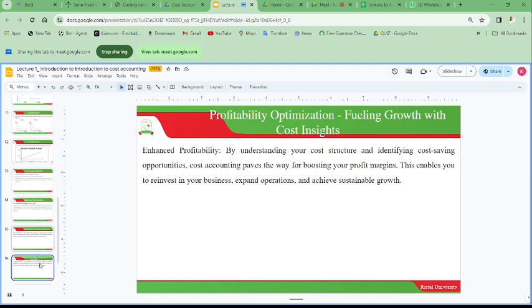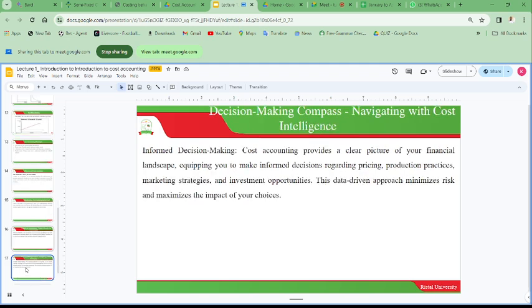This enables the business to reinvest in the business or expand operations and achieve sustainable growth. Then we have informed decision making. It provides information for making informed decisions about pricing, product mix, and other business activities.